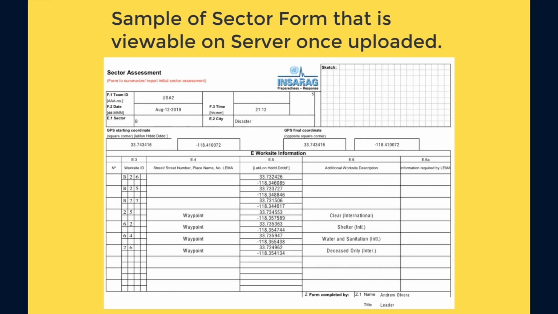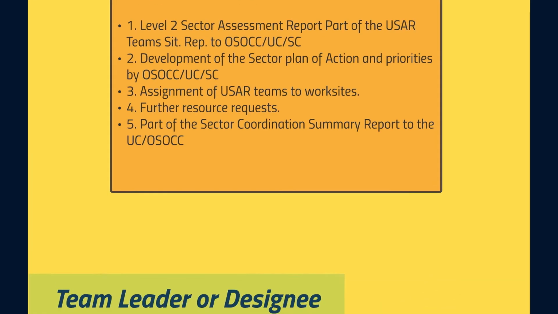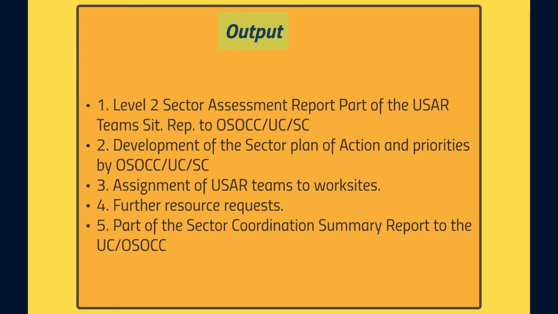At this point, we have some outputs. So you're going to have your level 2 assessment report. That's the one we just created. It will help your base of operations and or the USAR coordination cell, sector coordination cell, or the OSOC, whoever's running this disaster, give them a chance to start coming up with a plan of action. You're going to start possibly assigning USAR teams to work sites at this point.